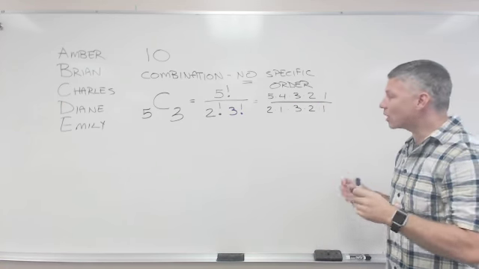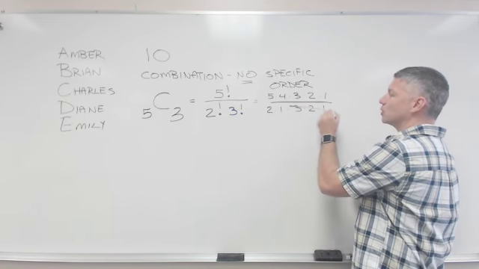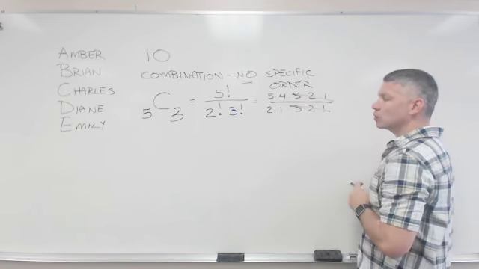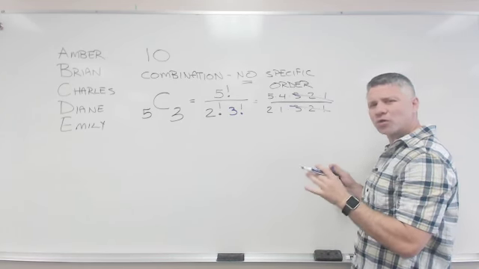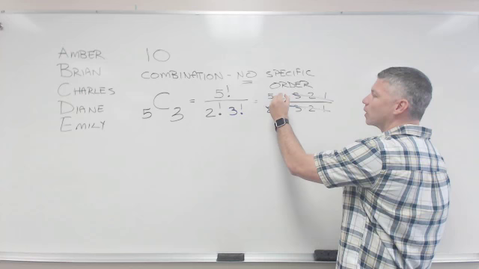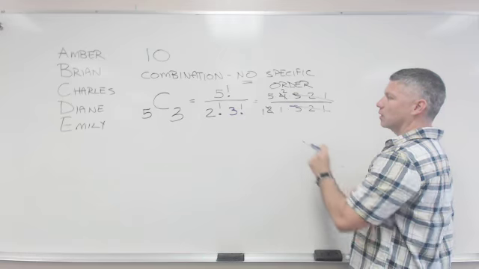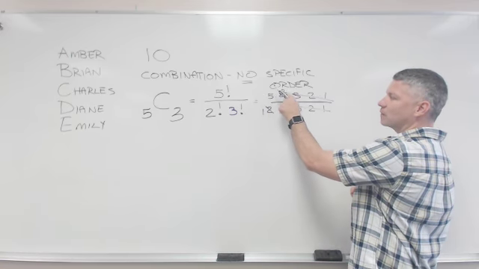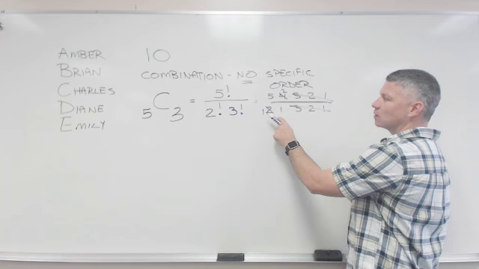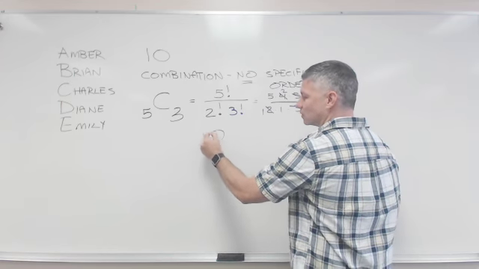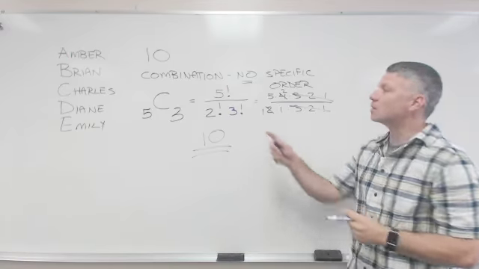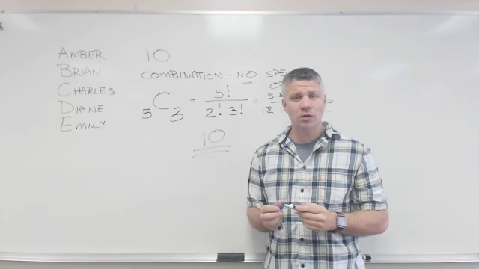Now we see a lot of stuff cancels. 3, 2, 1 cancels on the top and the bottom, and we could even reduce the 2 and the 4 into a 1 and a 2. And now we see easily 5 times 2 is 10, divided by 1 is 10. And that's what we saw on the grid.